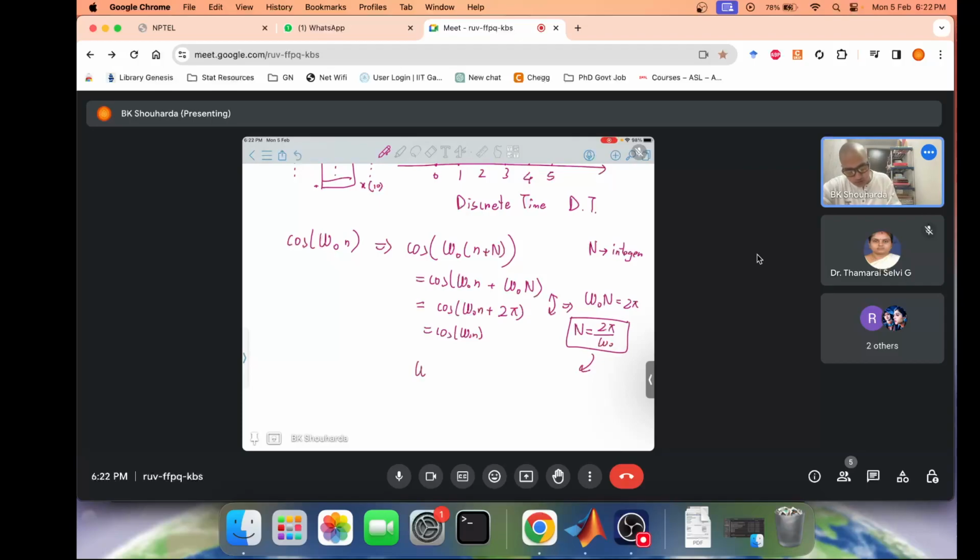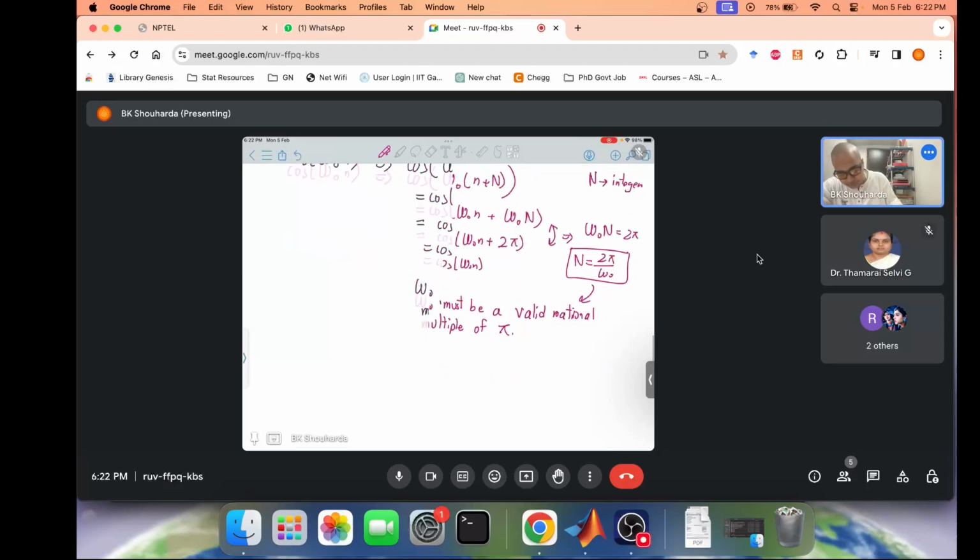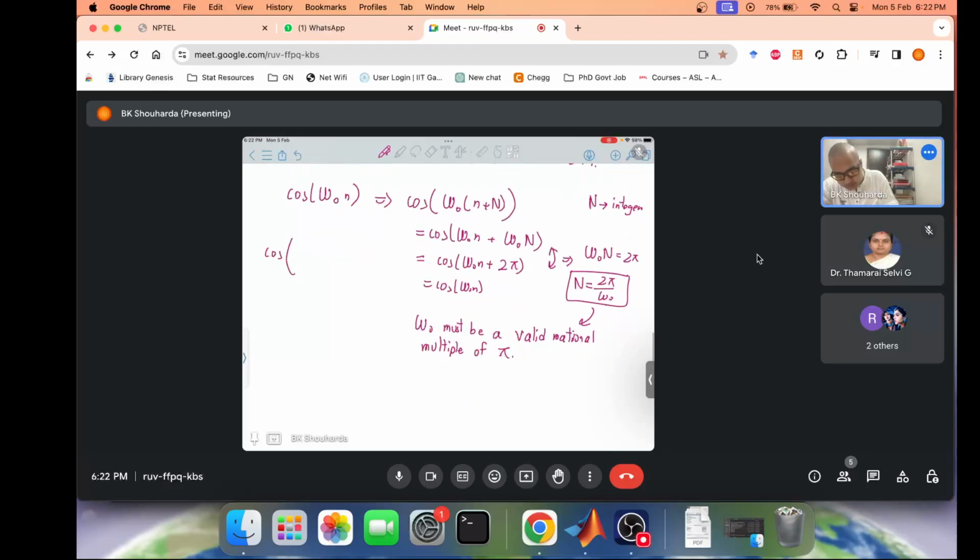It means that omega must be a valid rational multiple of pi.